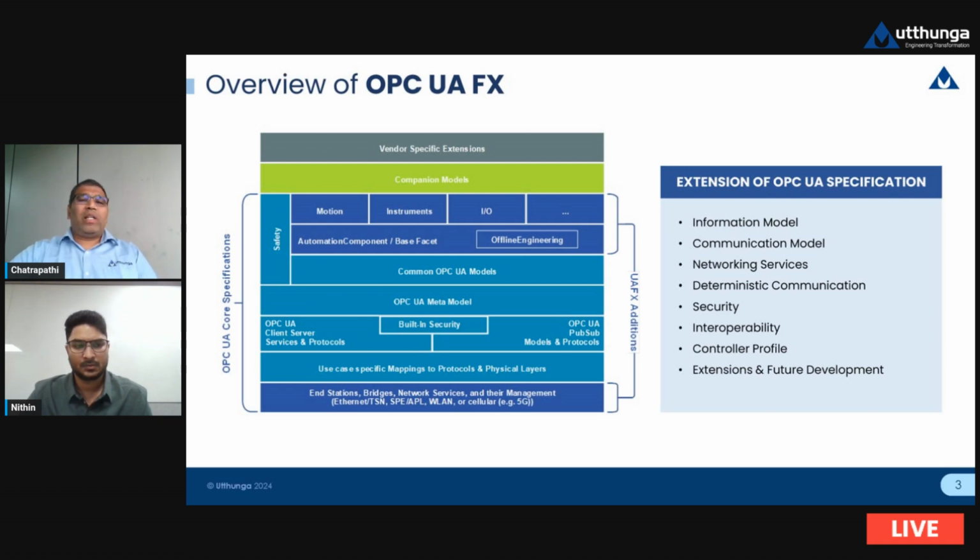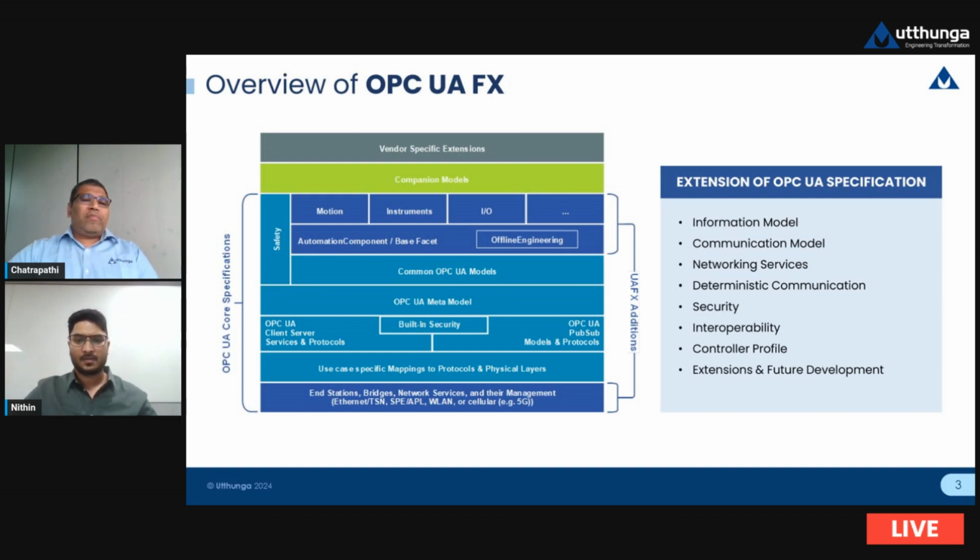The profile has already been defined for controllers, and other extensions are being defined, and other profiles are being worked on related to motion control, different instrumentation, IOs, and so on. With all these extensions, OPC UA FX is really set for a complete end-to-end communication based on rich information models, from sensor to cloud.